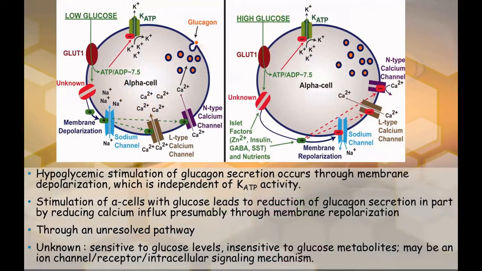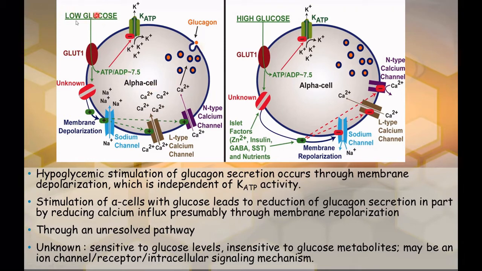So in this figure, you can see the mechanism of action of glucagon release. Glucagon is stored in secretory vesicles that you can see over here, and the glucagon release is mediated by calcium concentrations inside the cell, particularly the alpha cell.